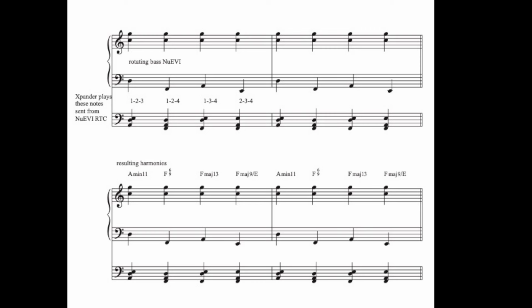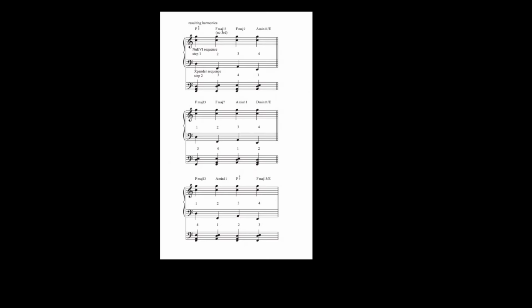What happens if the expander is on step 2 of the 4-note sequence, and the rotator function of the NuEVI is starting from step 1? Different harmonies resulting, more cluster sounding, closer voicings: F6-9, F major 13th without the third, F major 9, A minor 11th over E. That's with the expander starting on step 2, 3, 4, and then cycling back to 1.